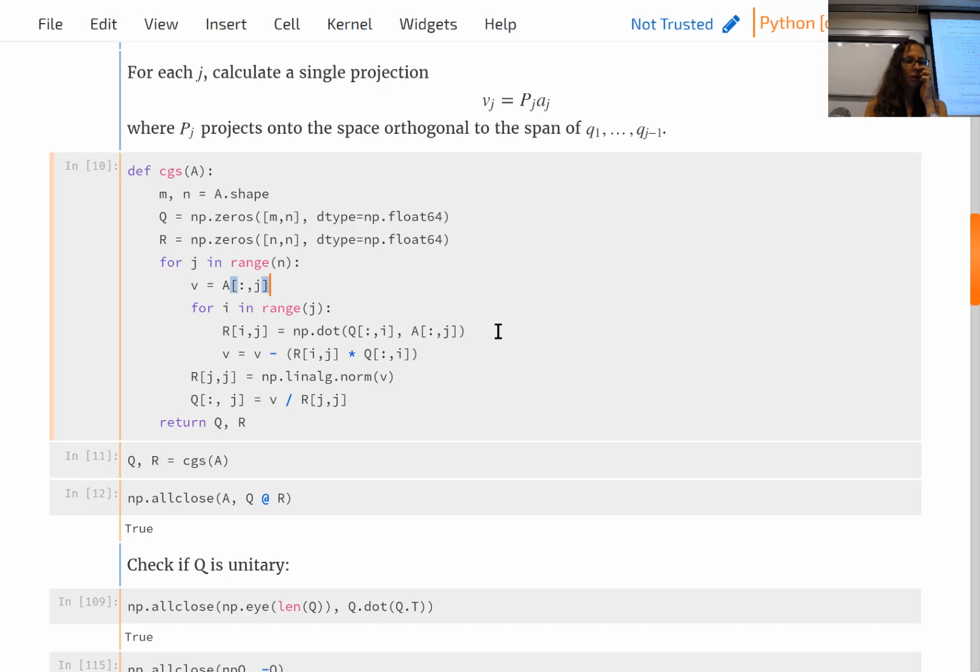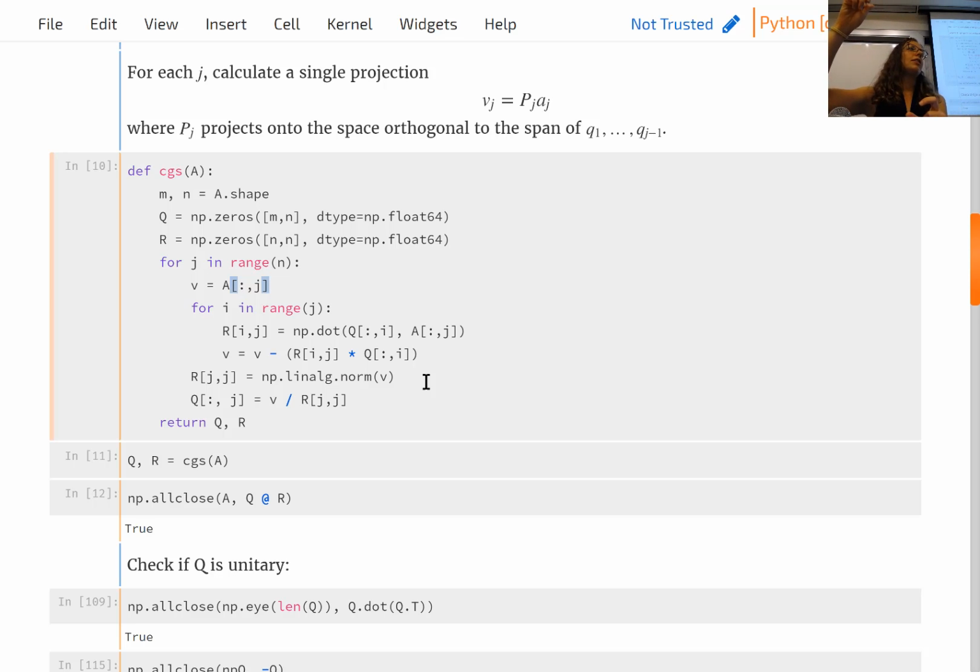In the initial case, we don't have any, so you just take the first column of A and normalize it, and that's going to be your first column of Q. Then to get the second column of Q, you take the second column of A, project it onto the first column of Q, subtract that off, and then that'll be your second column of Q once you normalize.